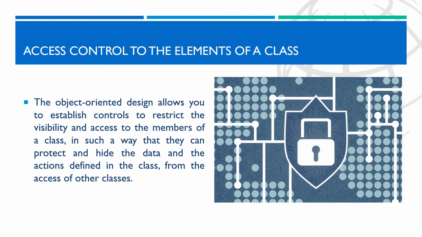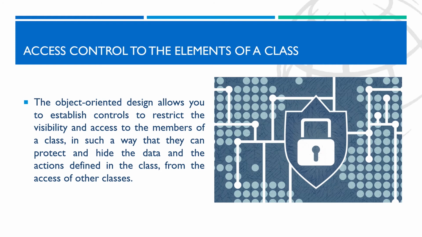When defining the elements of a class, the features or actions, you must specify the level of restriction that will be assigned to each of them using access modifiers, so that some will be for private use while others will be for public access.